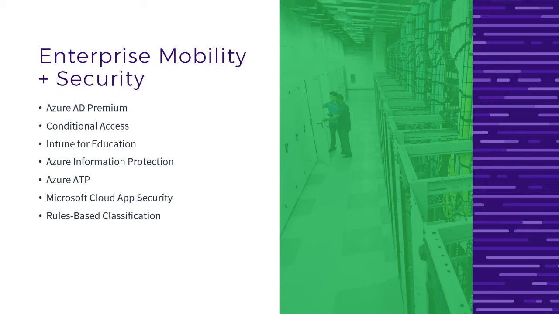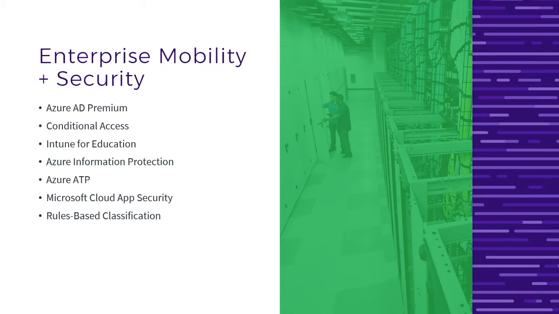So maybe there is some PII information within that file. You want it to be automatically classified as maybe read-only, so that no one can forward or print it, things like that. So it's a great function, in that you can apply those policies to OneDrive and SharePoint automatically.